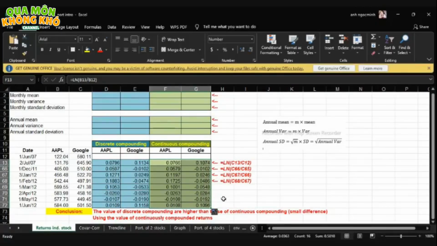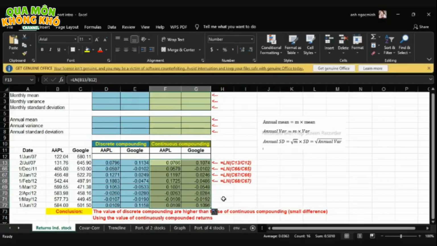I think the advantage is that it can predict the most exact value based on continuous compounding, and the disadvantage, I think, is that it is more complex in identifying the rate of return.